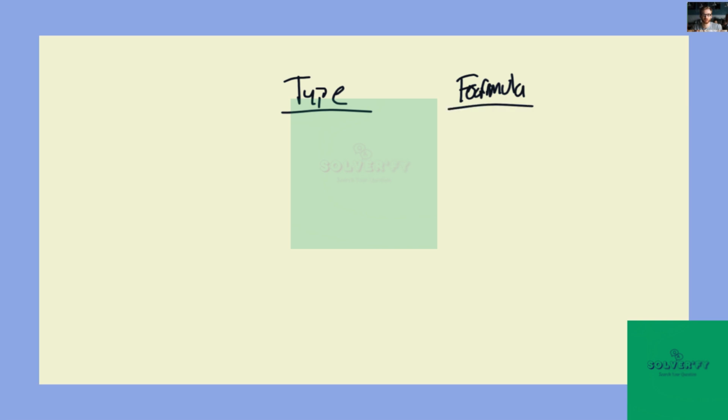Okay, so type 1 metals always have the same charge, and they are in group 1 or 2. And then type 2 metals are your transition metals, and they have variable charge.